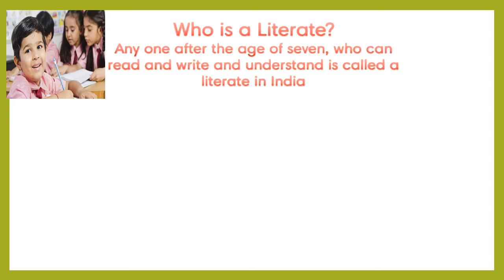As you are in 10th standard, do you know how to read and write? Do you understand what you read and write? Do you know how to calculate? If you know all these things, that means you are literate. If you don't know how to read or write properly, and don't understand anything of reading and writing, then you are still illiterate.